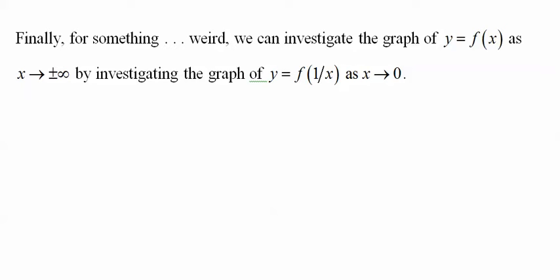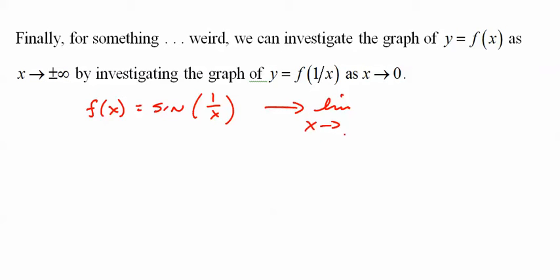So for example, if I said f of x equals sine of 1 over x, and I said find the limit as x approaches infinity of f of x, you could say, well, let's do plus or minus infinity. And we'll leave it like that for now.